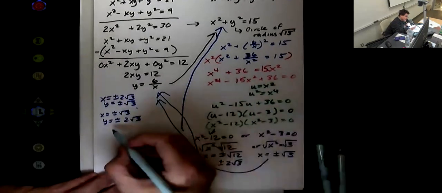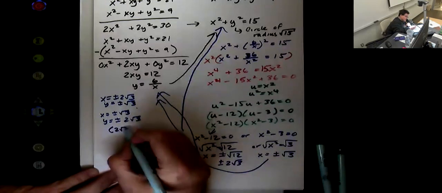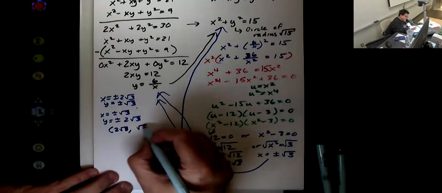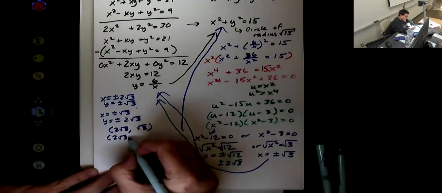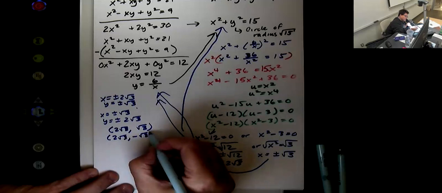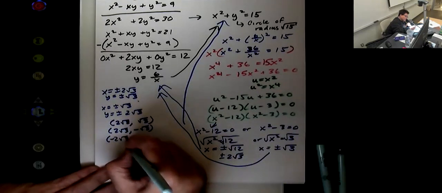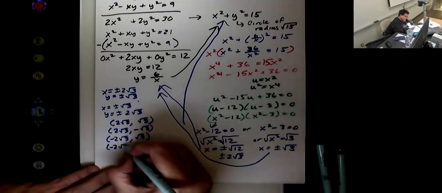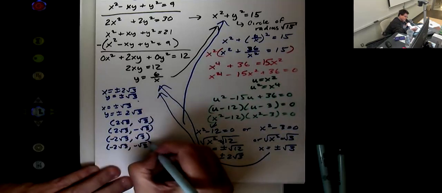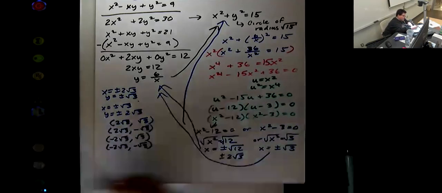So you actually get 8 points. 2 root 3, root 3. 2 root 3, negative root 3. Negative 2 root 3, root 3. Negative 2 root 3, negative root 3. That's all the combinations of the first pair here.